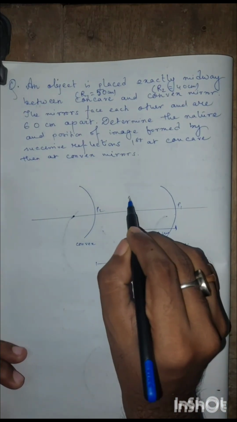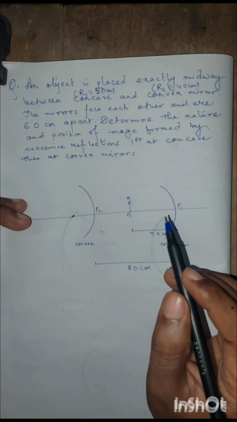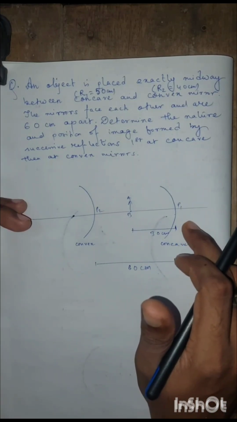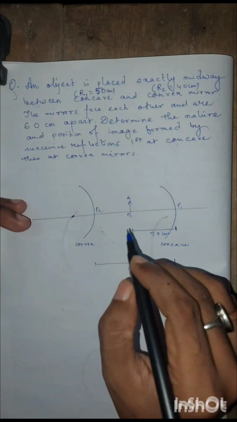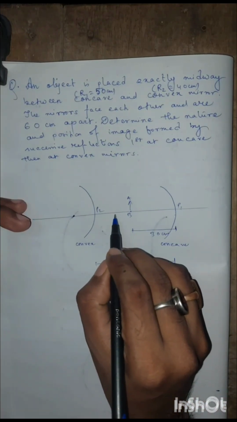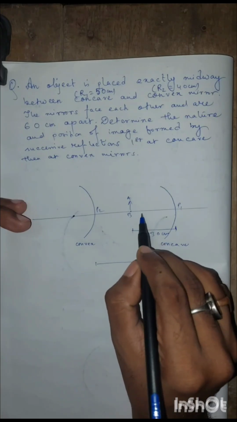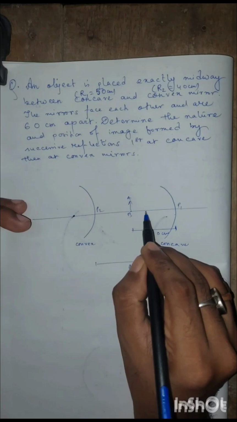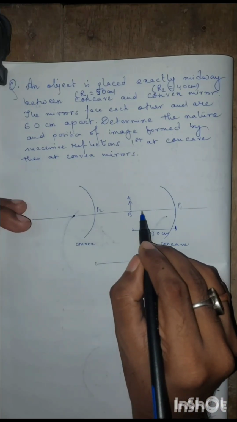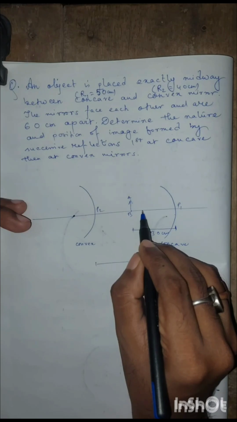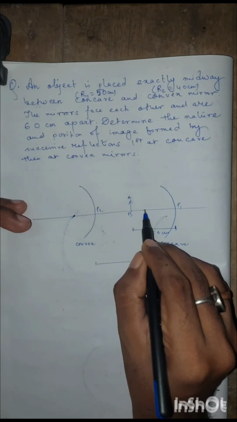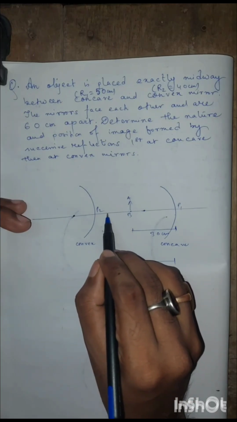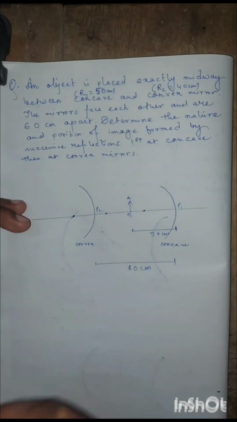This is our object AB. For the concave mirror, the radius of curvature is 50 centimeter. So let us assume this is the focus and this is our radius of curvature.